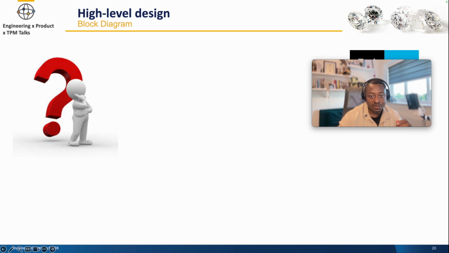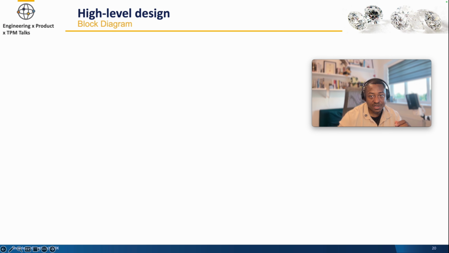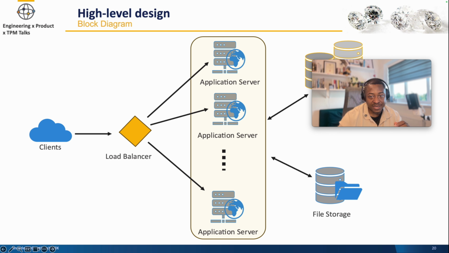So for Twitter at a high level, we'd expect to see multiple application servers, and clients where you're accessing from your mobile phone, iOS or Android, Windows, or iPad or notebook, different client browsers.